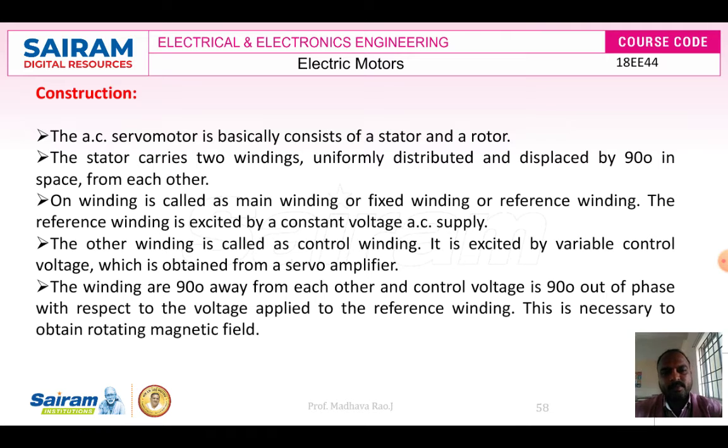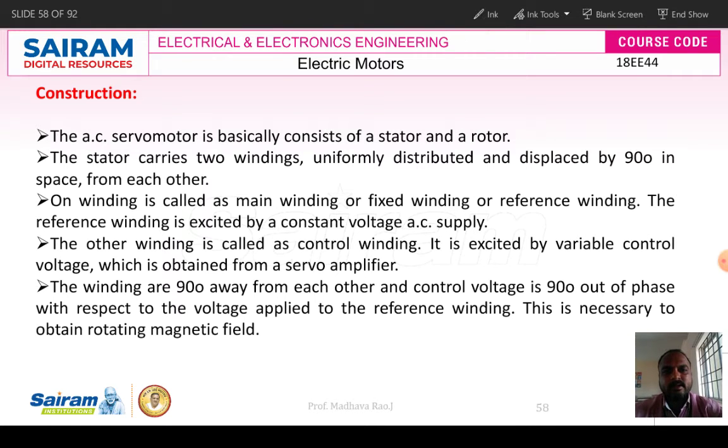The phase difference between the main winding and the control winding is 90 degrees. The windings are 90 degrees away from each other. The control winding is 90 degrees out of phase with respect to the voltage applied to the reference winding or main winding.